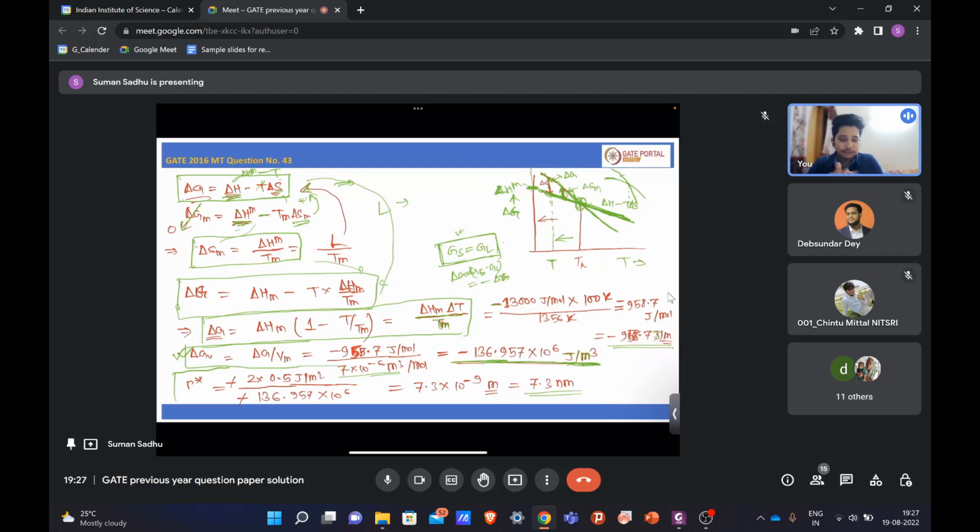So for heterogeneous nucleation, the delta T term will be very small, the undercooling you need is less. But for homogeneous nucleation, that delta T is quite large. Sometimes it is greater than 200 Kelvin, that delta T undercooling is required. So it depends on the kind of nucleation also.